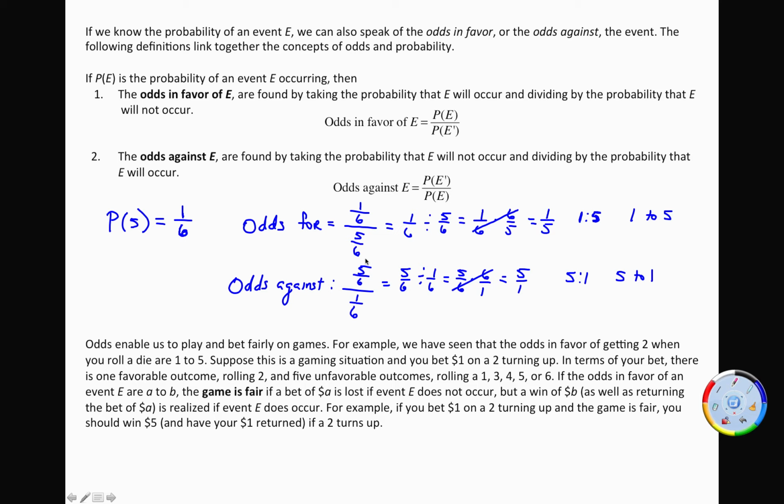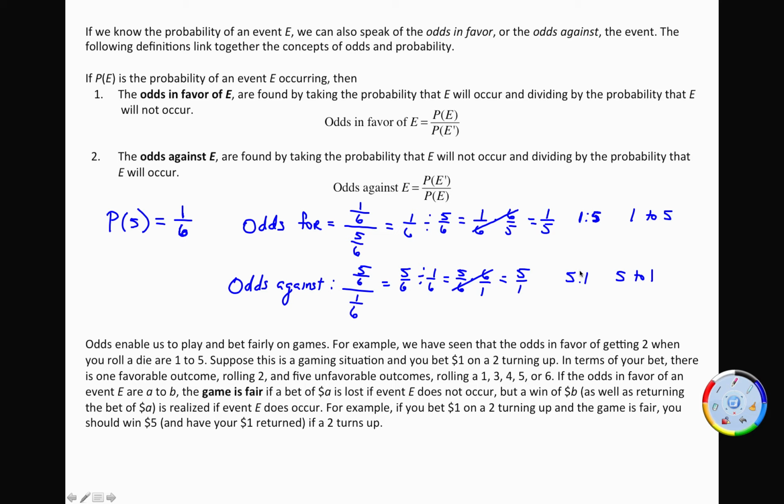Also, a lot of times I don't really have to plug into this formula and evaluate that. I know what it means to be odds. It's the number of ways the event can happen compared to the number of ways it cannot. The odds against is the number of ways it cannot happen compared to the number of ways it can happen.